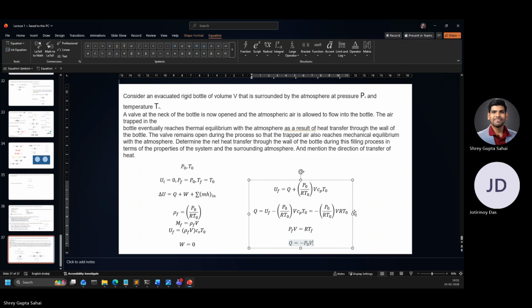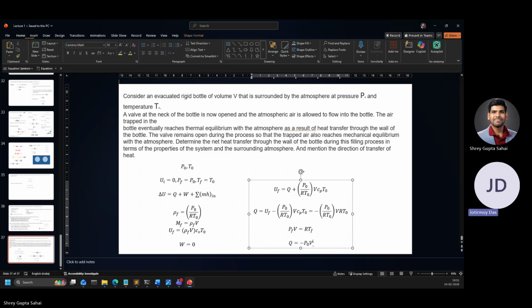Let me just quickly think, what does this imply? If you notice, this is the flow work, in some sense.